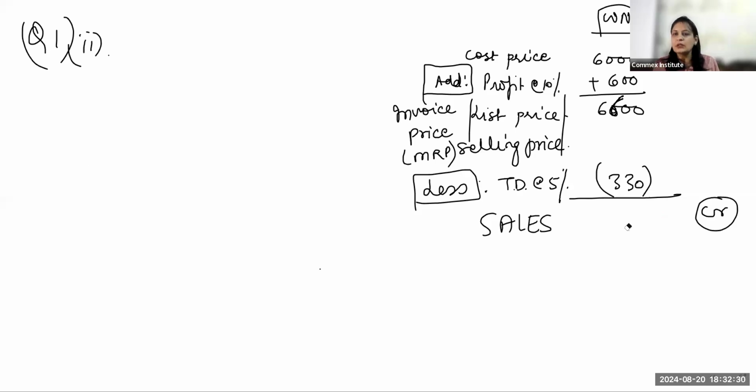Yes, ma'am, because decimals were coming, that's why. The 600 profit got added, so the selling price became 6,600, and the trade discount would be 330. And this when deducted will give me 6,270. That would be my sales price.